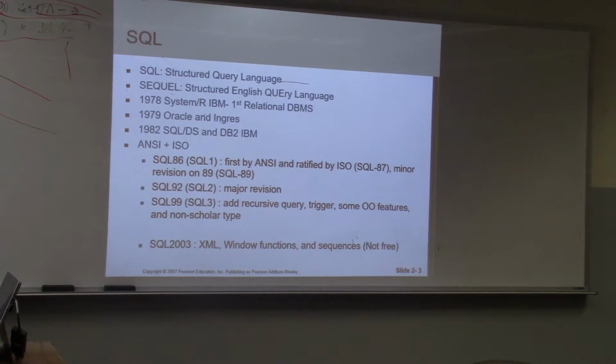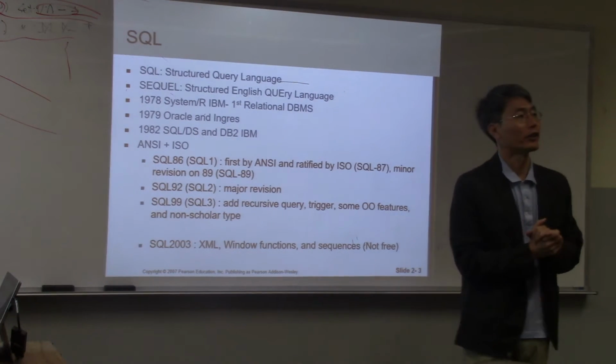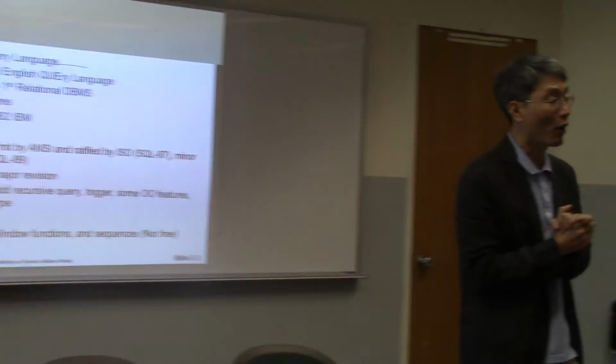However, database, first, as I have introduced many times, the relational model was proposed by Dr. E.F. Codd from the IBM T.J. Watson Center. IBM T.J. Watson Center is located in White Plains, just next to Connecticut.